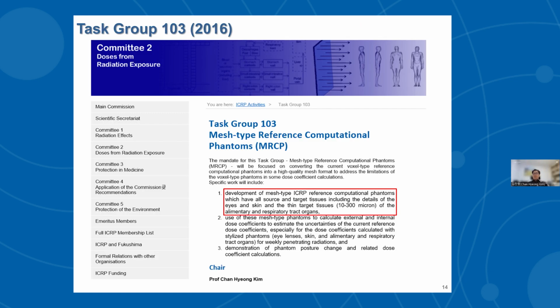For this project in ICRP Committee 2, we established a dedicated task group, that is Task Group 103, in 2016. The objective of this task group is to produce next generation high-quality mesh-type ICRP reference computational phantoms, which include continuous and fully enclosed surfaces for the skin, stomach, gallbladder, and urinary bladder, and also include the thin target layers in the alimentary and respiratory tract organs, and also in the skin.